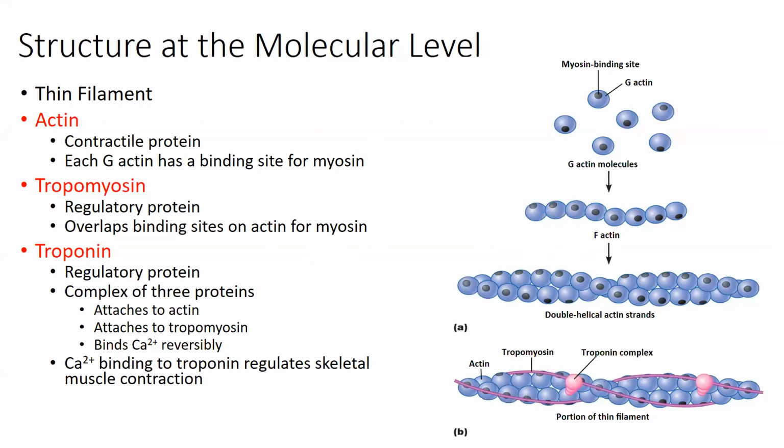Okay, so tropomyosin is blocking or hiding the binding sites, and this is in the absence of calcium. Okay, this is why calcium drives this process so much. When calcium is not present, tropomyosin is hiding those binding sites. As a result, these proteins cannot interact with one another, right? Because this binding site is covered.